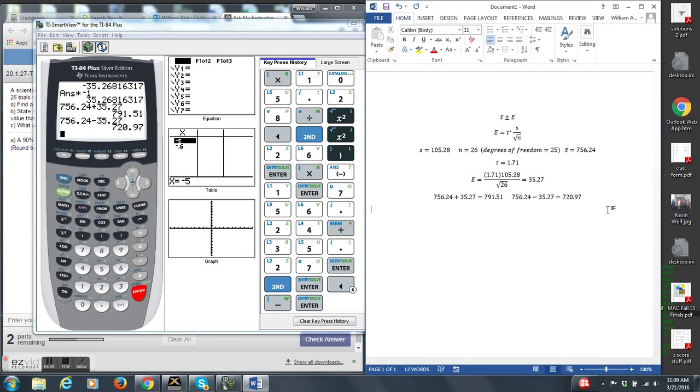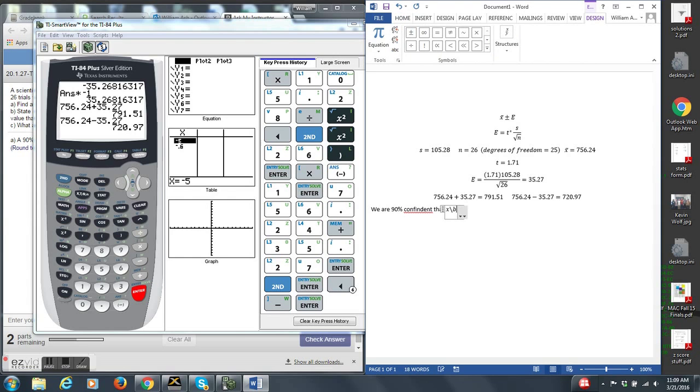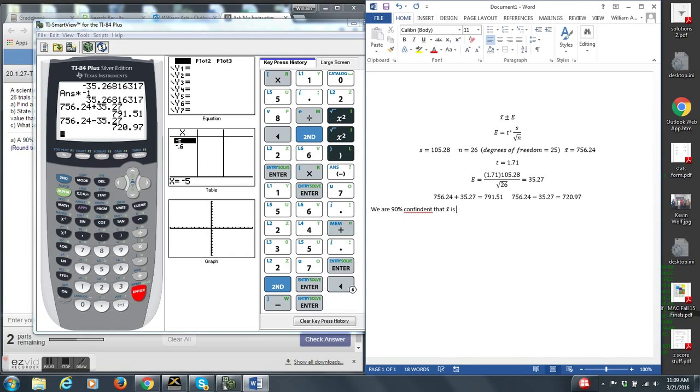So I can say we are 90% confident that the mean is between 720.97 and 791.51.